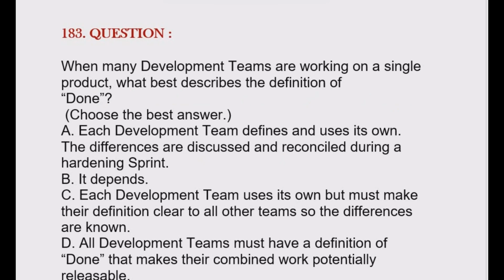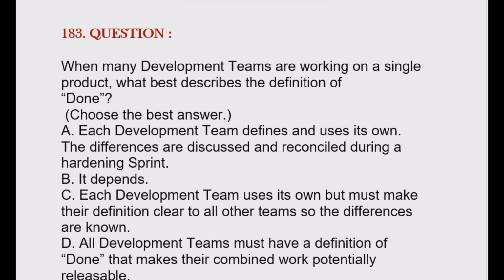Question is, when many development teams are working on a single product, what best describes the definition of done? Choose the best answer. Option A. Each development team defines and uses its own. The differences are discussed and reconciled during a hardening sprint.